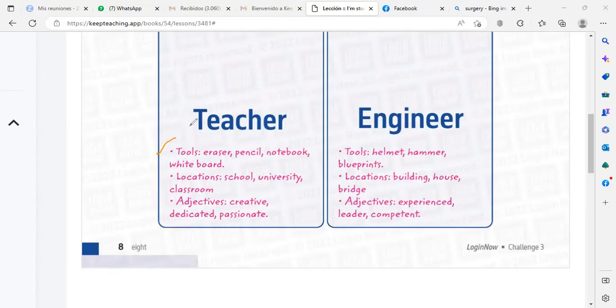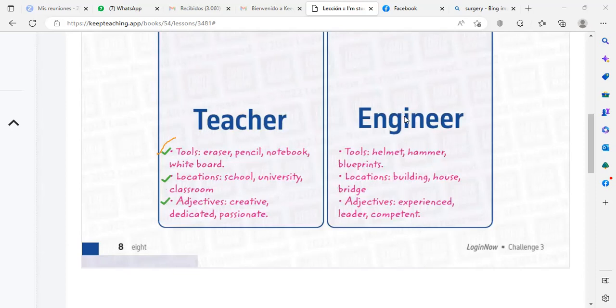In my location where I work, at home, at schools, at classrooms, different places. I need to have lots of creativity. I have to be very dedicated and passionate about what I do.